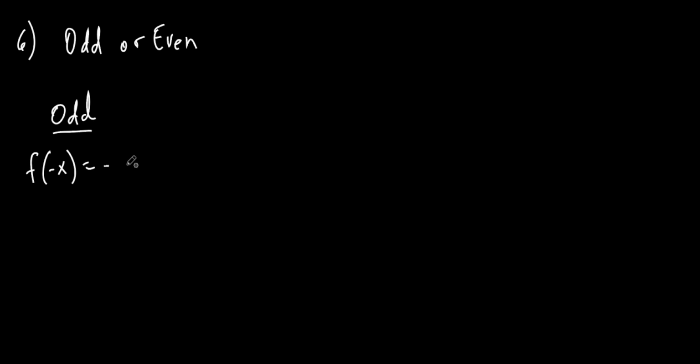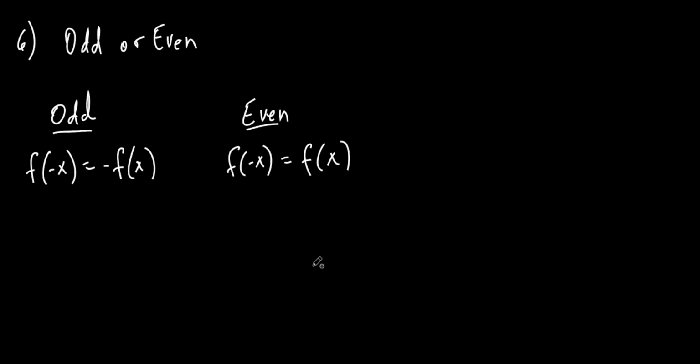It's the same as the origin: negative f of x. Remember that? If it's even, you make the x negative, or opposite, and what should that equal? The original function. So that's how you can tell if it's odd or even.